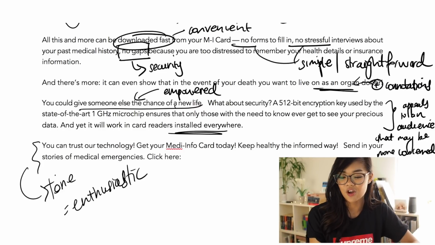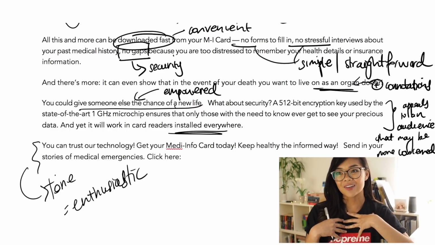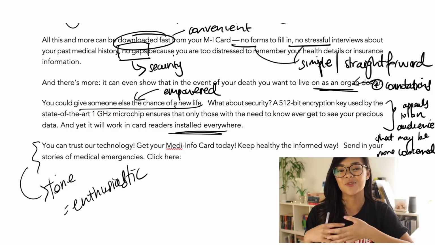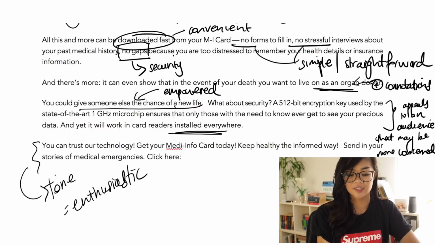So organ donor itself has positive connotations. Everybody knows that if you're an organ donor, wow, you're very selfless and you're very giving. So this is like an added bonus that can make you feel better as a person. You could give someone else the chance of a new life. So if you're able to do this, it puts you in power. So you could say that you feel empowered as a result.